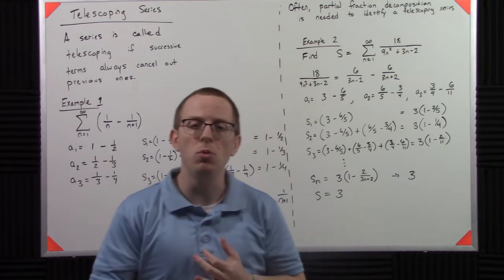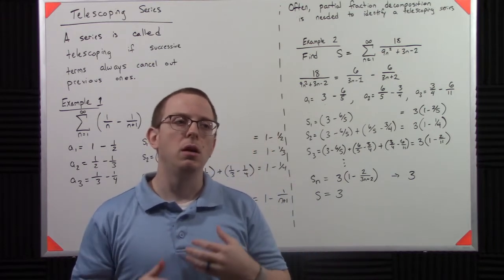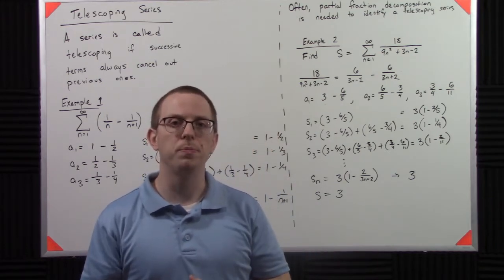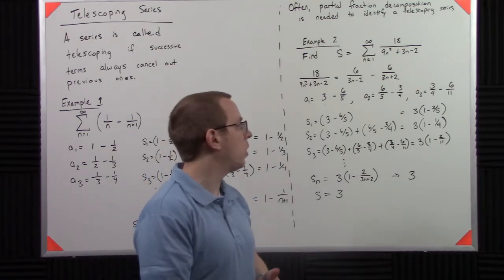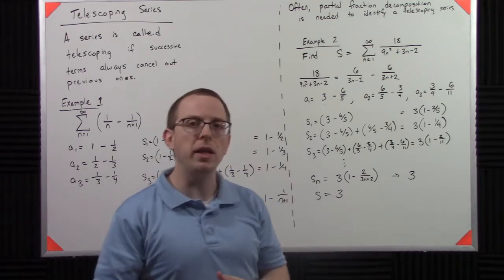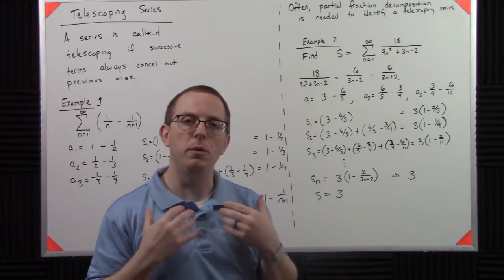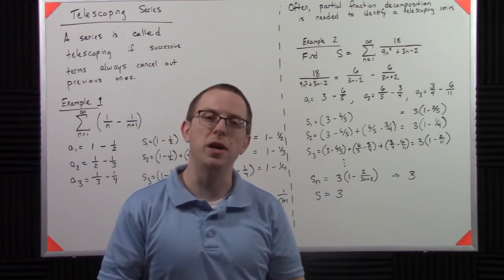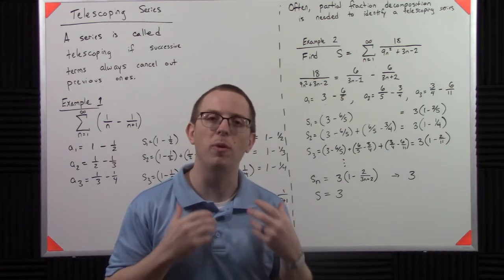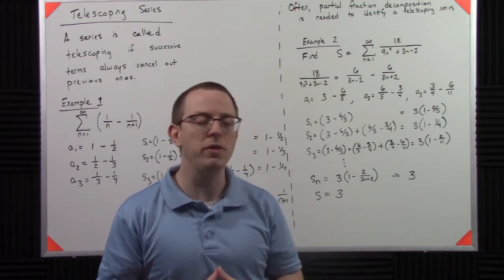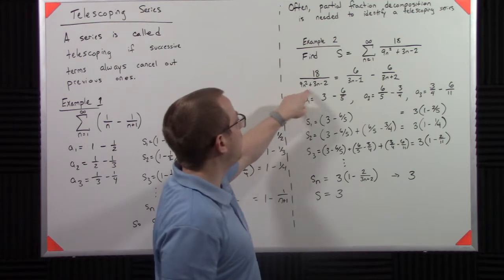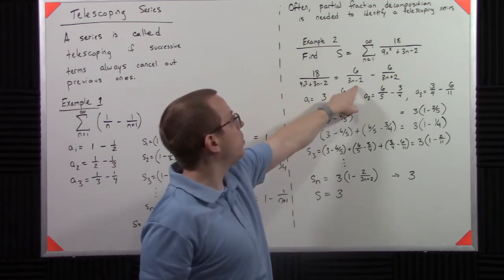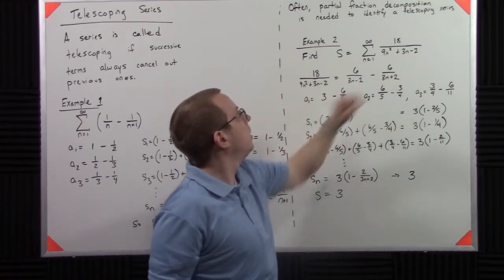If you were to simply plot out the partial sums and the sequence terms, it may not be readily apparent what the pattern is. But if we do partial fraction decomposition, which I hope you are familiar with now from our discussion in previous sections, you can get that this decomposes into that.